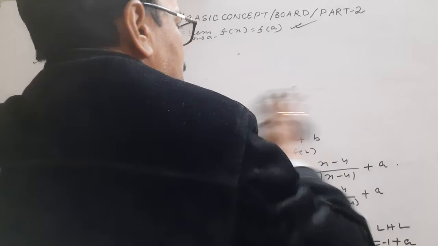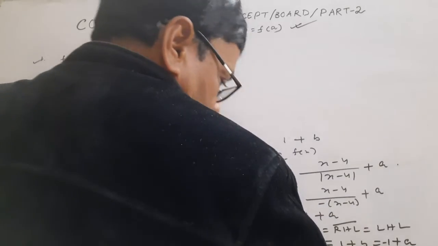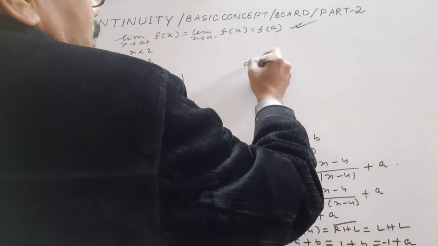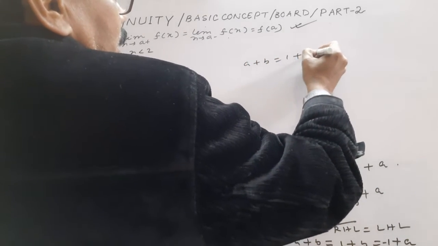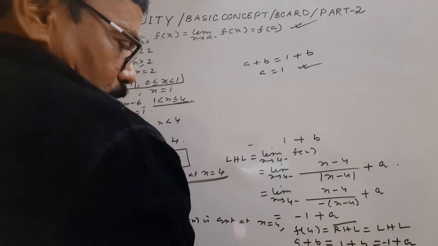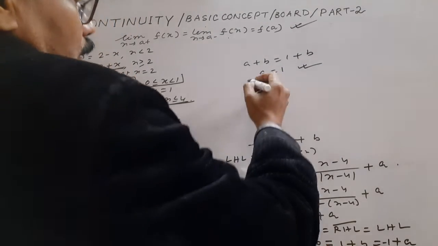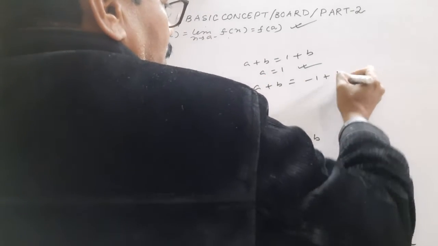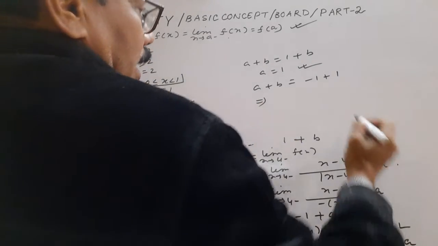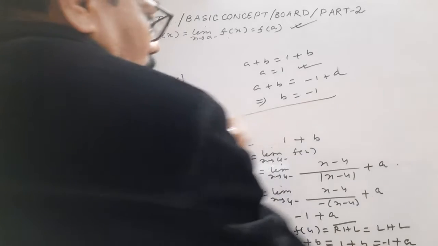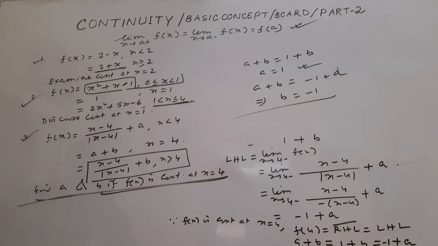You solve this equation taking one at a time. So look, a plus b equals 1 plus b, so a equals 1. Then a plus b equals minus 1 plus a, so b equals minus 1.